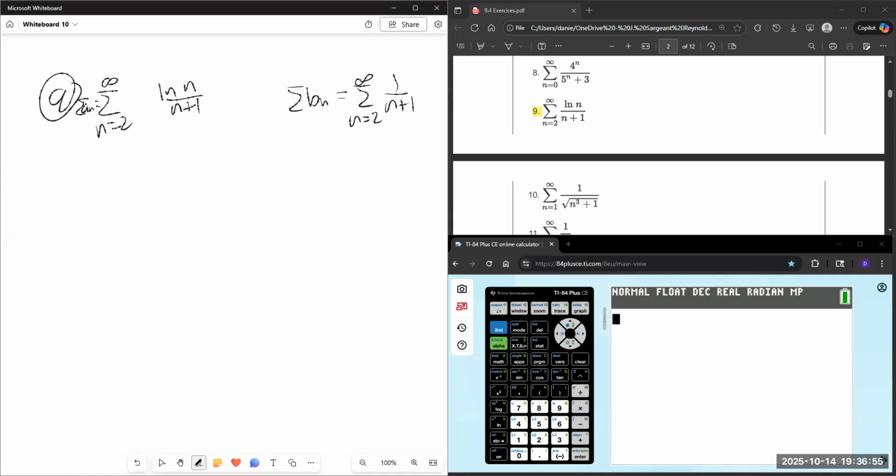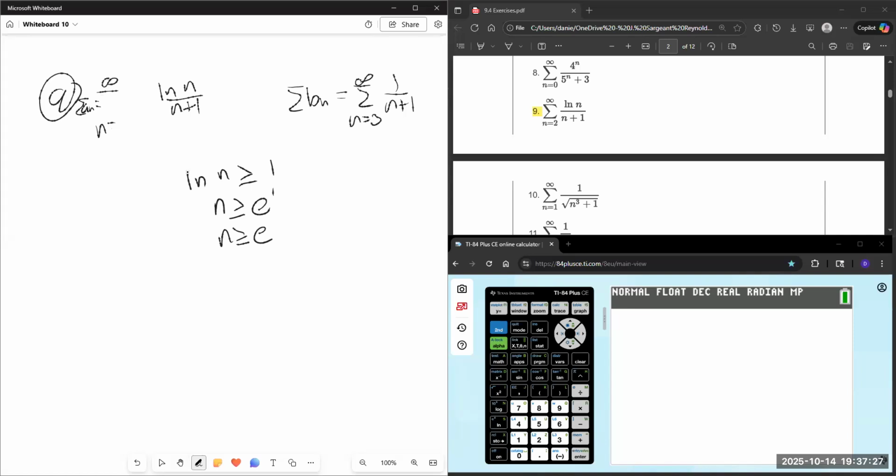So all other things being held equal here, I want to see when ln of n is going to be greater than or equal to 1. So that's going to be when n is greater than or equal to e to the first. N needs to be greater than or equal to e, being 2.7 something or other. I need to bump this up to 3.